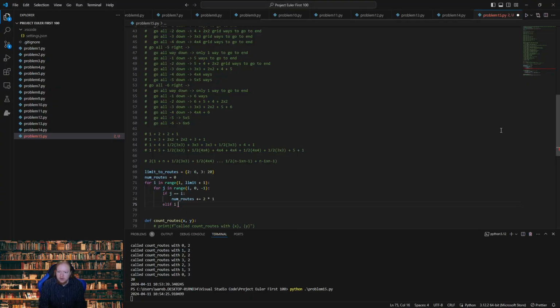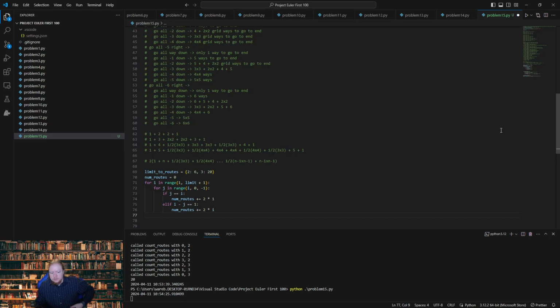So else if i minus j equals 1, num roots plus equals 2 times i. Else.